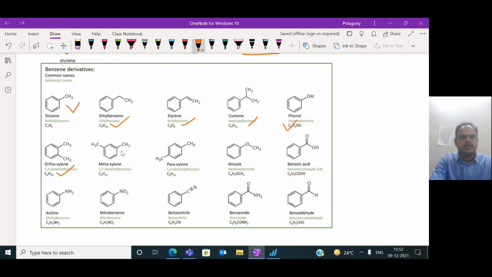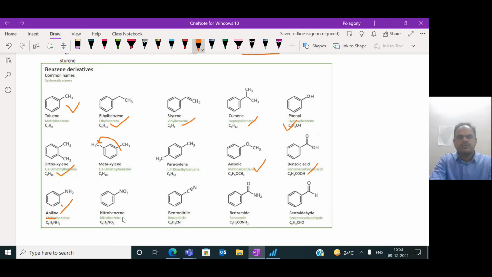If you take the numbering in this direction, 1,3-dimethyl benzene, and 1,4-dimethyl benzene. This is methoxybenzene, anisole is the common name. This is benzoic acid. And this is aminobenzene, or benzamine, or aniline.